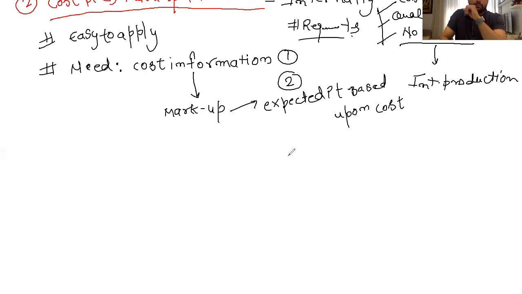So for example, I want to make 10% profit of my cost. Whatever is the cost, I will make it 10% of that cost. I will consider it as a profit that goes in my pockets, right?